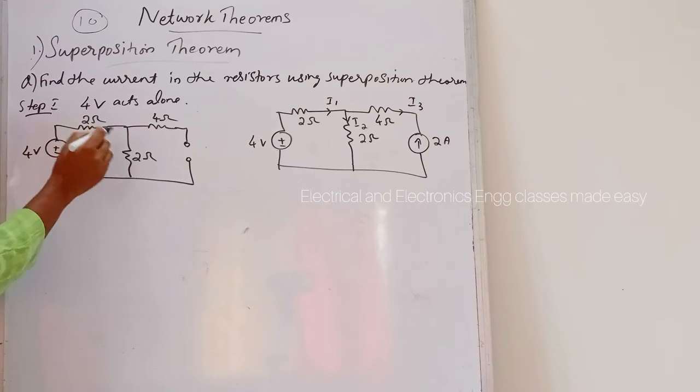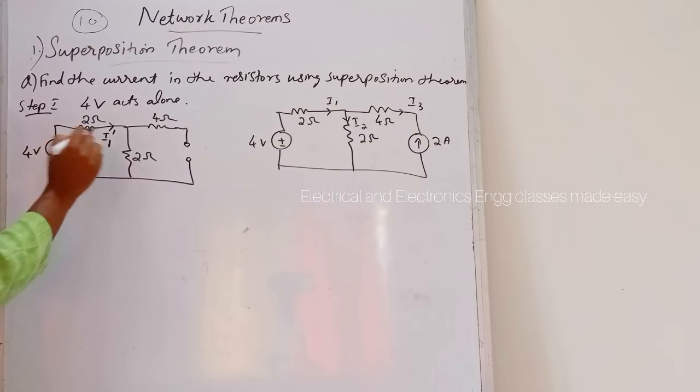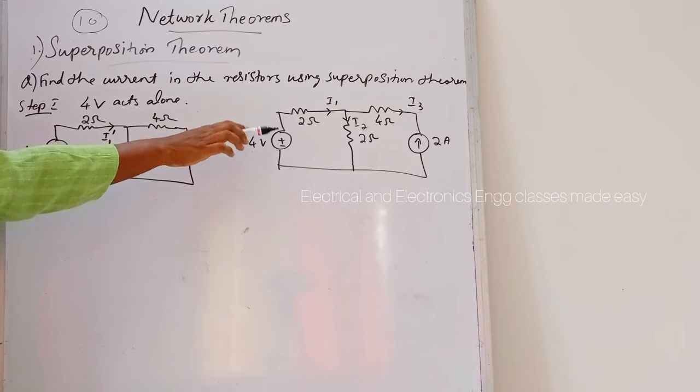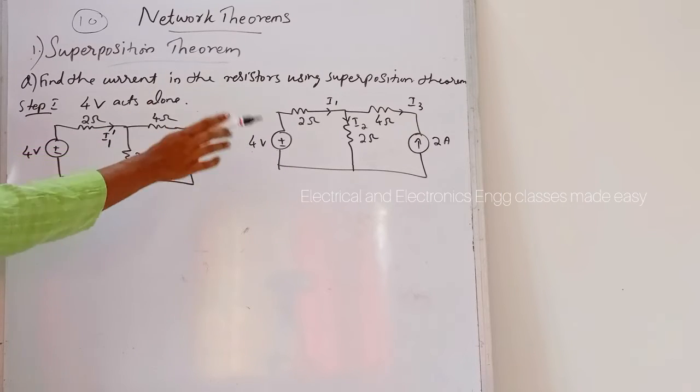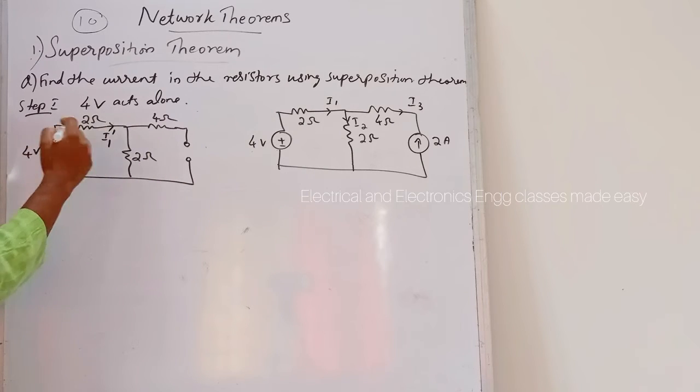Now mark the currents. This is I1 dash, because the original currents are I1, I2, I3. So in the first step we mark I1 dash. Then this current will be flowing in this direction, I1 dash.